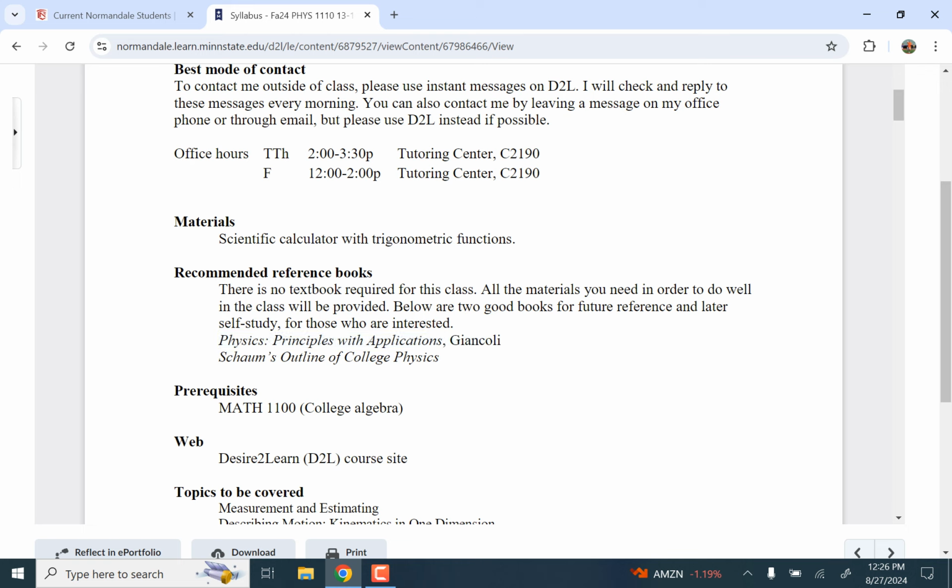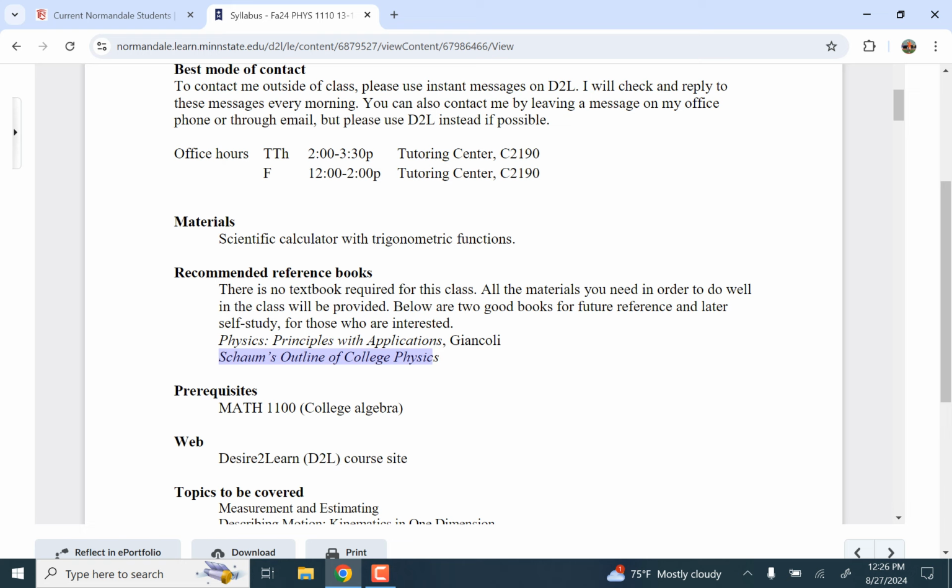And so what I would recommend as a reference book, if you want a reference book after this class is over, is this Schaum's Outline. Schaum's Outlines are the greatest. They cost like $20 each. They're paperback. They have concise little descriptions of topics of everything that we'll cover in this class.